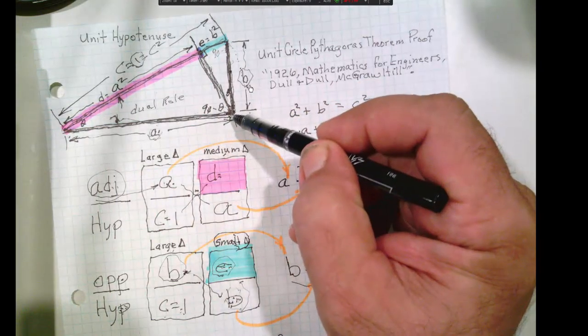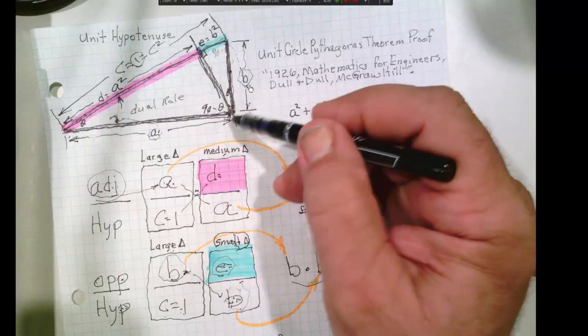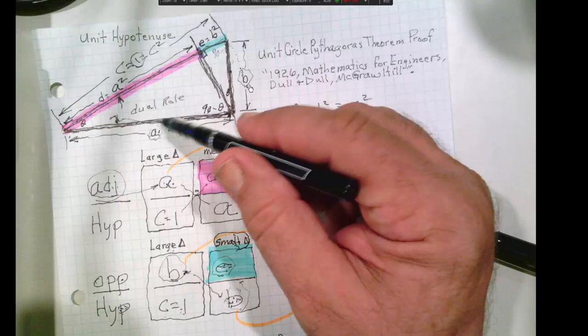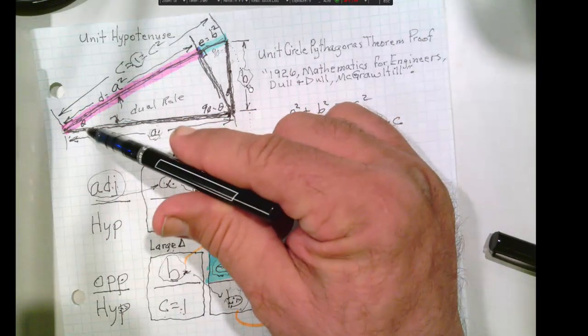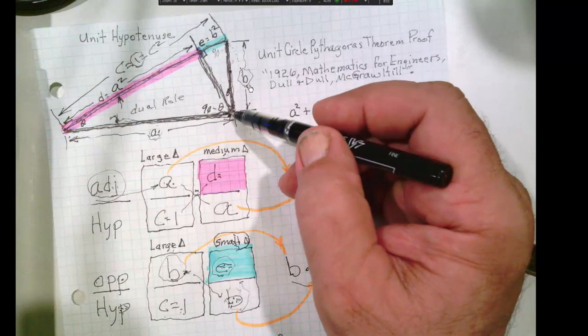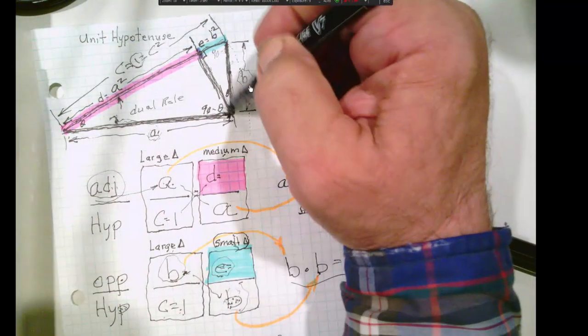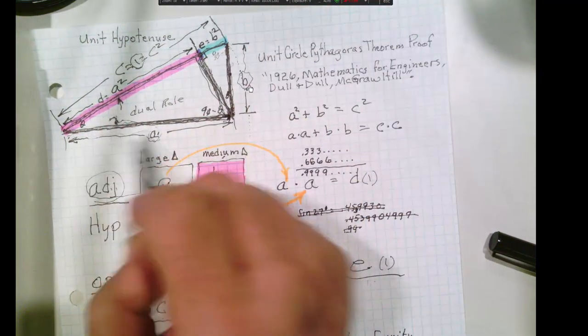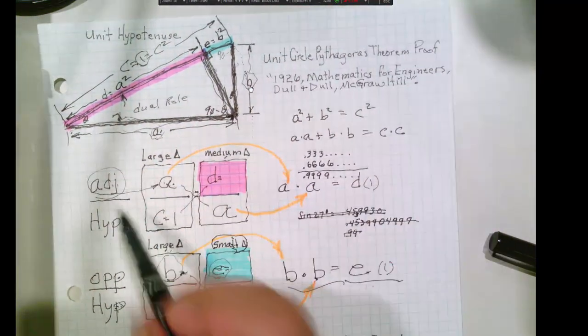It's serving a dual role as well. The first thing is that it's the adjacent side of the large triangle, the original triangle, but it's also the hypotenuse of this medium-sized triangle. Okay, and we see that here.